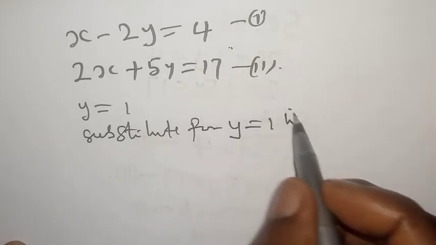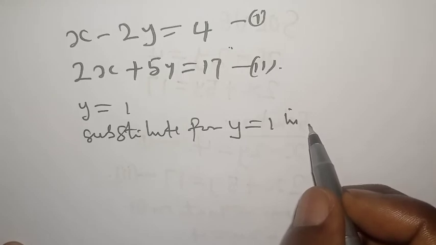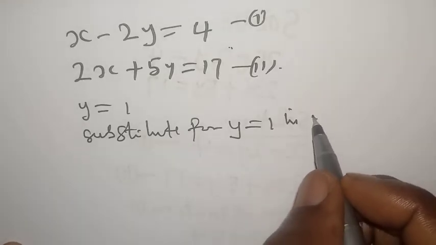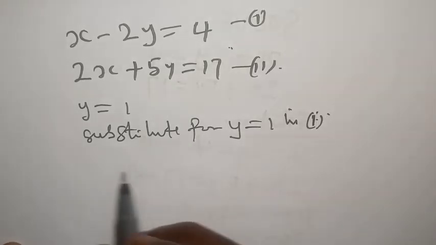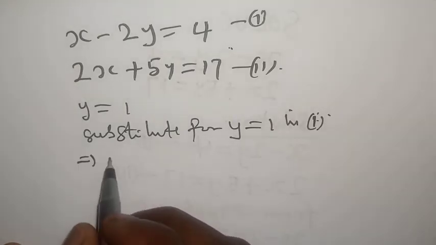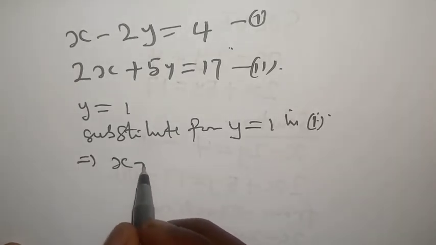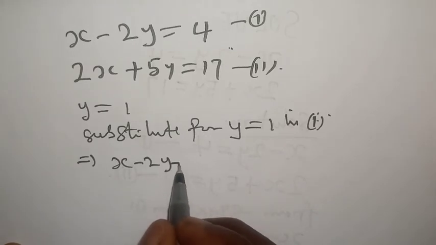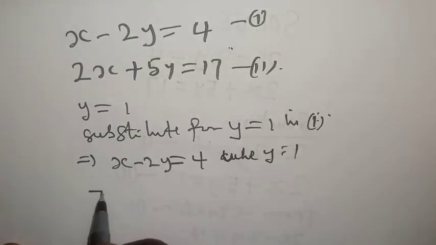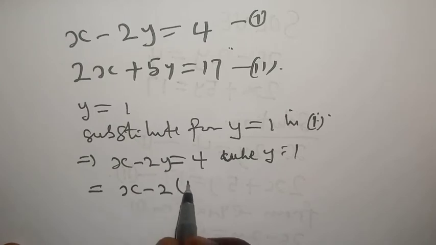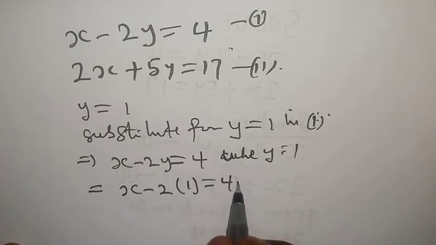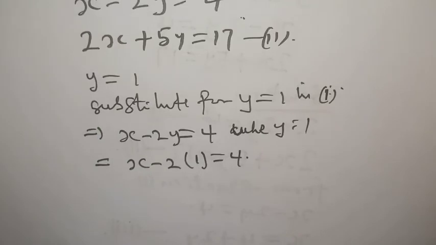Let's pick equation 1 because it's easier or simpler to express. In equation 1, we have x minus 2 into 1 is equal to 4. That is, anywhere you see y, you put 1 there.